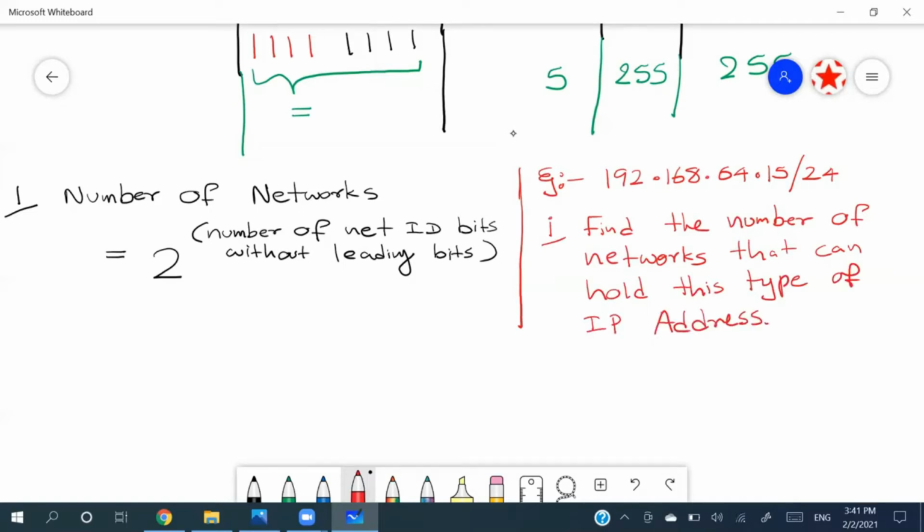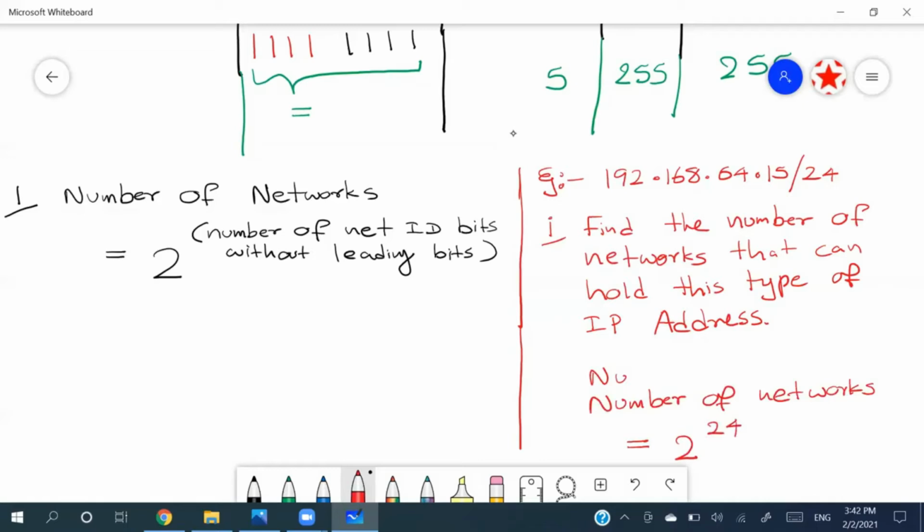Right. So it is easy. So we are going to say this should be equal to 2 to the power 24.